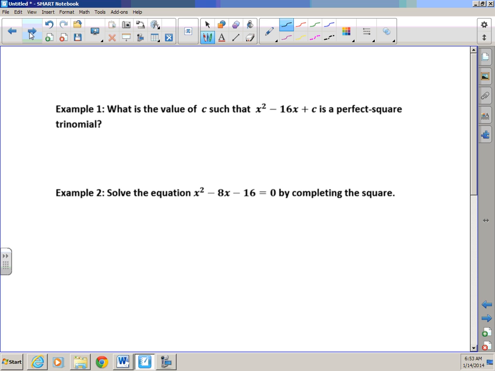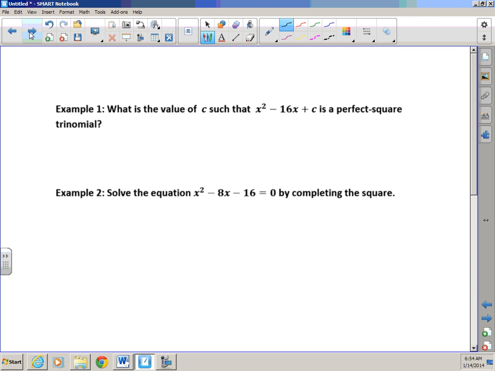Well, if you saw what we were doing before, 2 times some number gives me this 16.